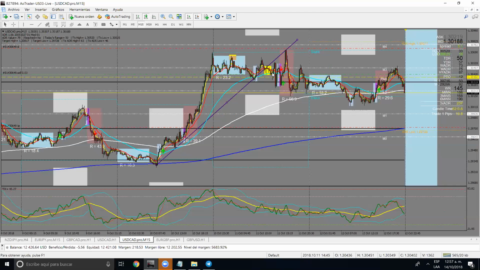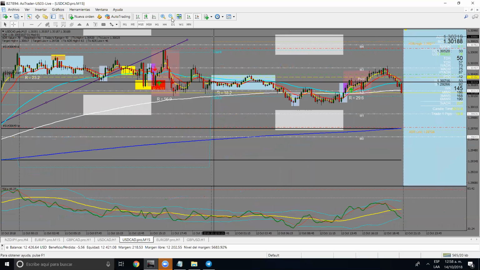Now we have the third thing: the support has been broken. Watch this. Asian session, first sign. Second, European session, trend line broken. Third, American session, the last support is broken, but you know these signs are false.